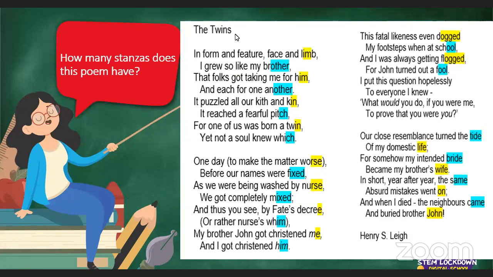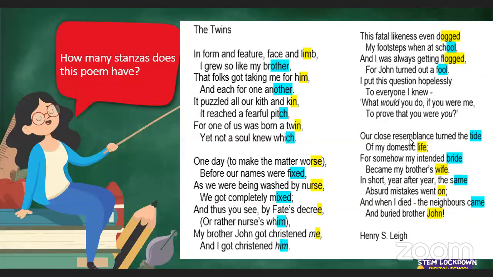So as we said, the poem, it's called The Twins. So one of the twins is the speaker of this poem, okay? So he is talking about his experiences as a twin, how he would get blamed for his brother's mistake. But when he is doing this, he is doing it in humor.